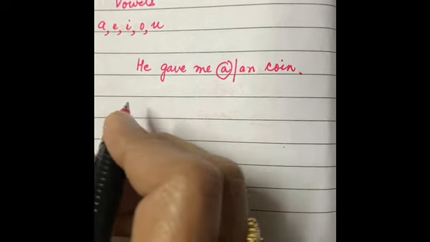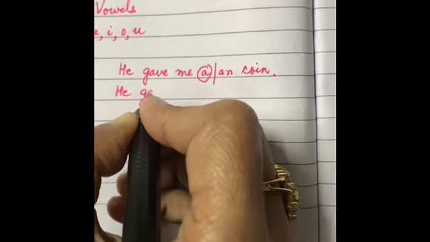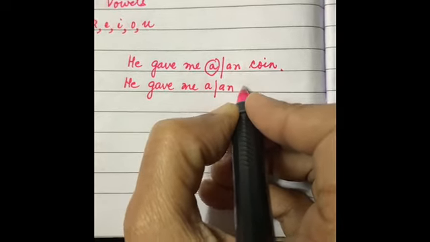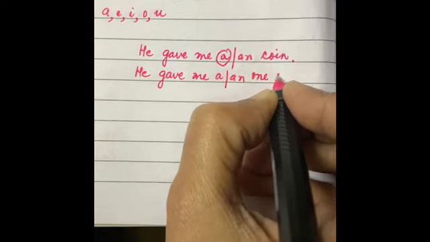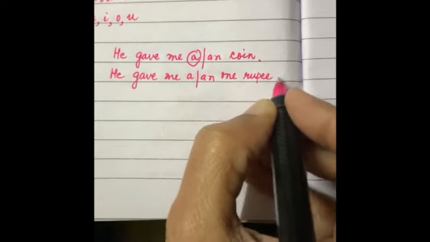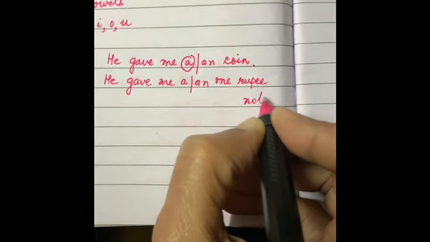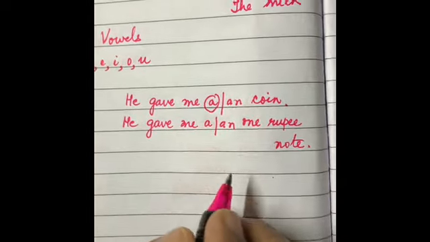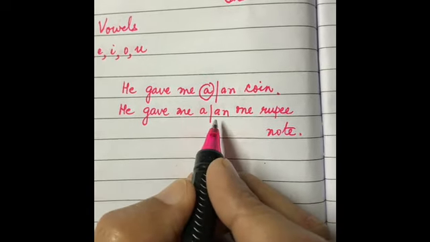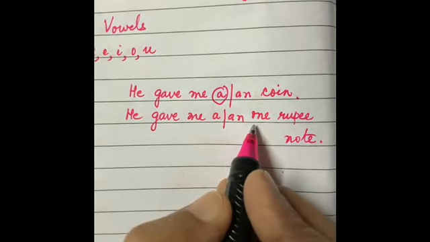One more sentence I'll write here as an example. He gave me a or an 1 rupee note. Now, here we have to use a or an before 1.